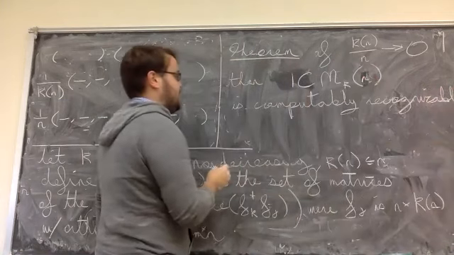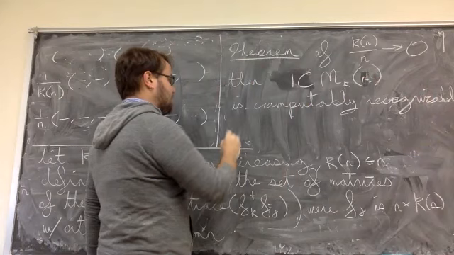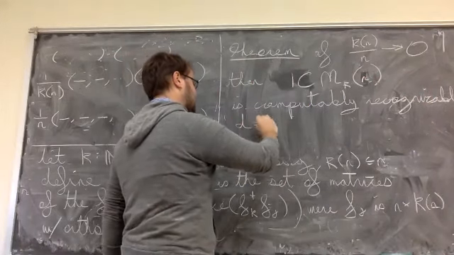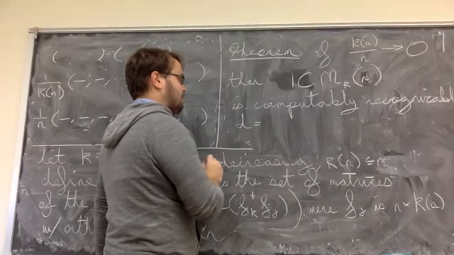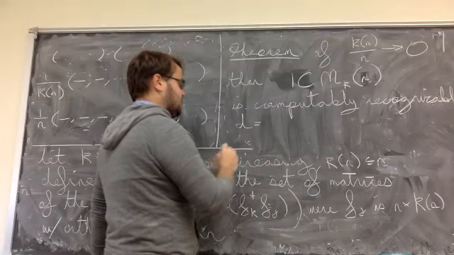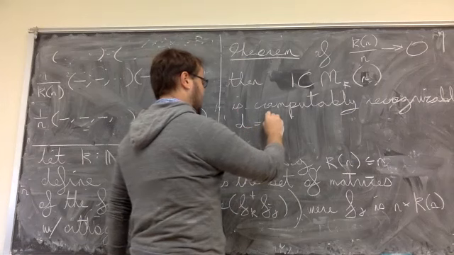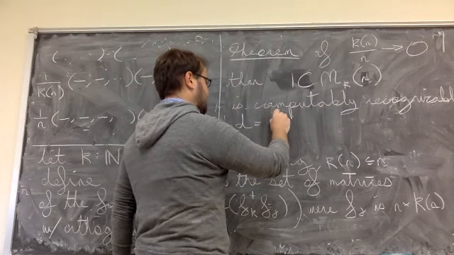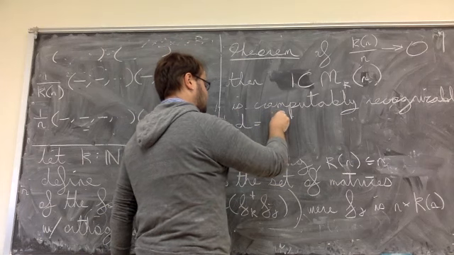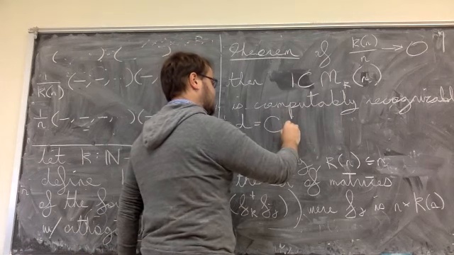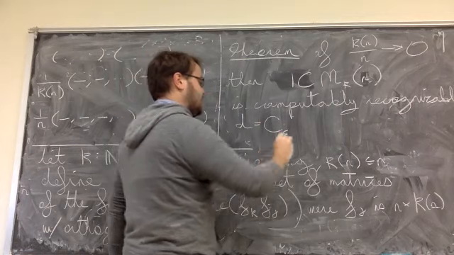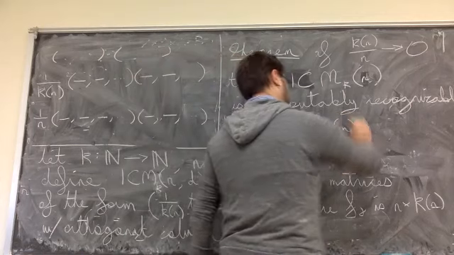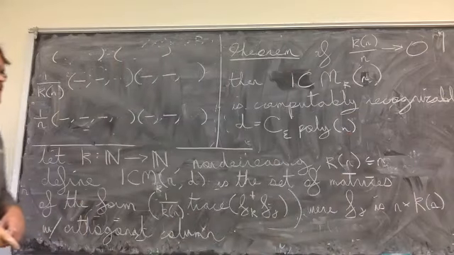And we can even say that for this problem, we can take D to be a large constant depending on epsilon times an explicit polynomial in n.